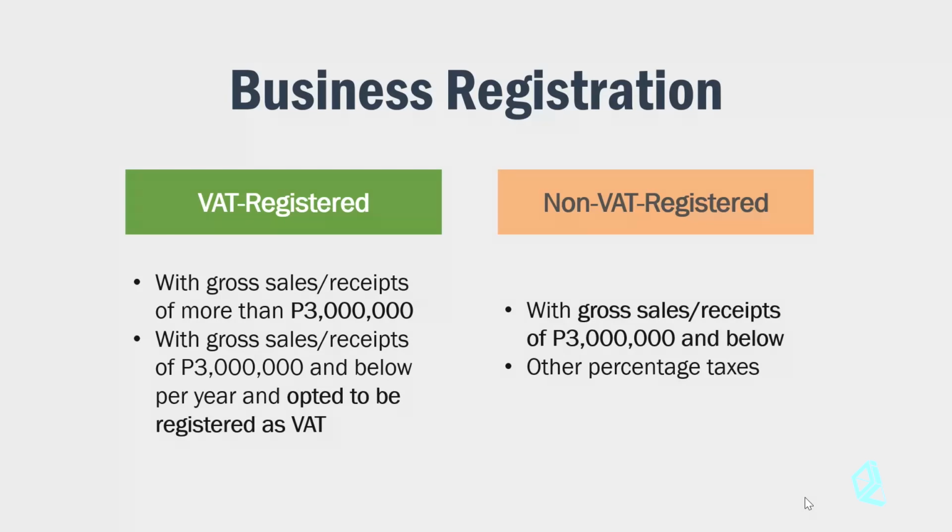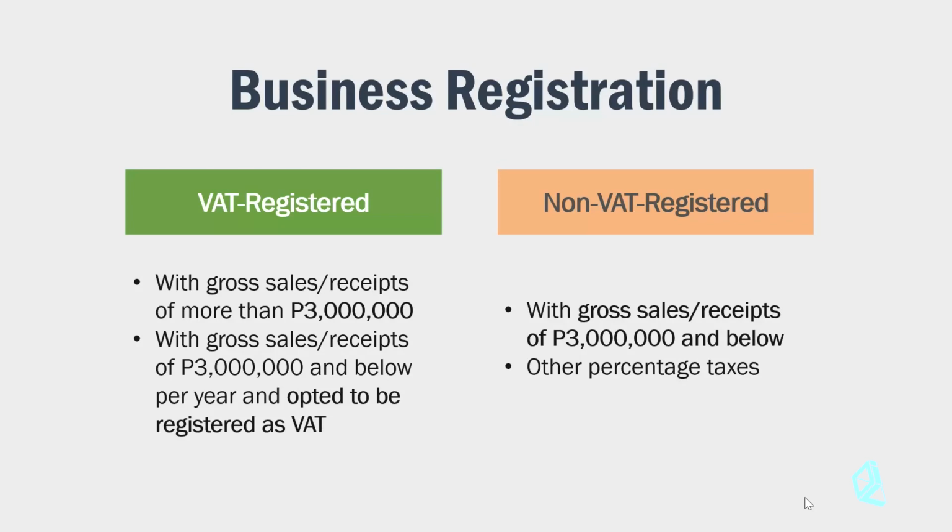So there are some businesses who opt to register as VAT registered business. It's because they get benefits from the so-called input VAT. We won't be tackling those more advanced topics, but do take note that there are some businesses who would rather register as a VAT registered business simply because they can get some benefits under the law that created the VAT system.